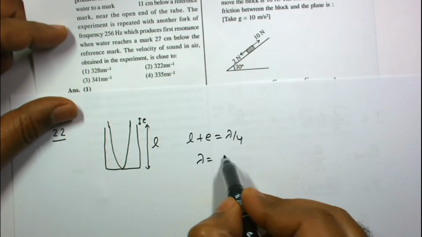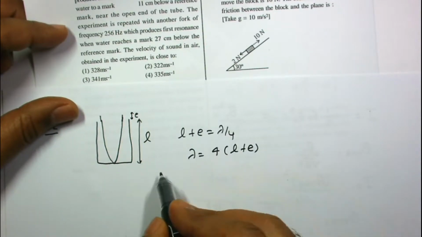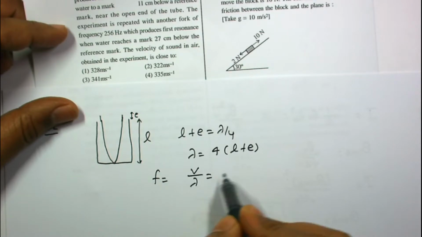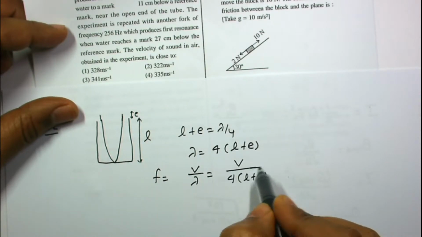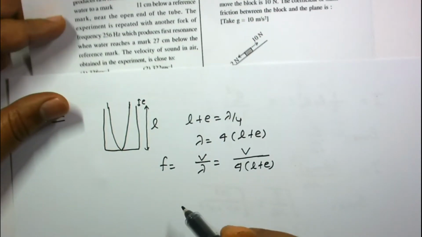Lambda is 4 times L plus E, and frequency is given by V by lambda, and V upon 4 times L plus E. We have to use this relation for both the cases given in the problem.